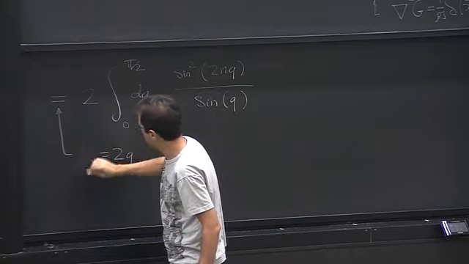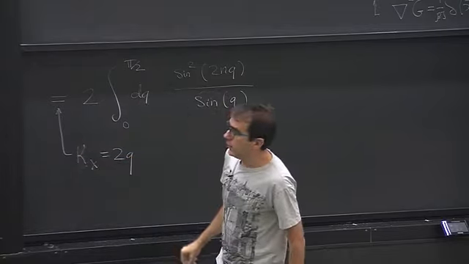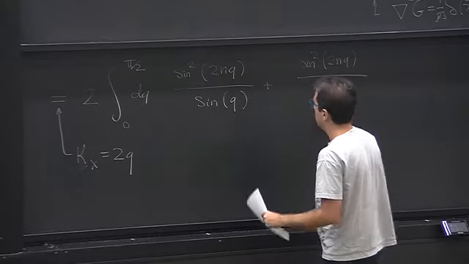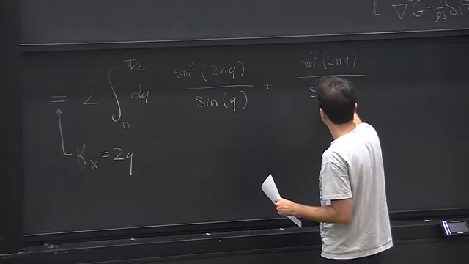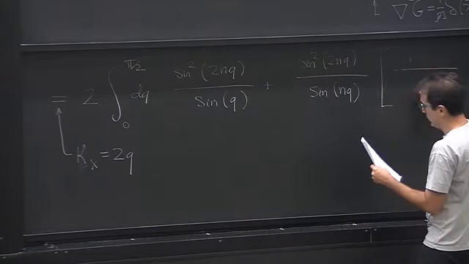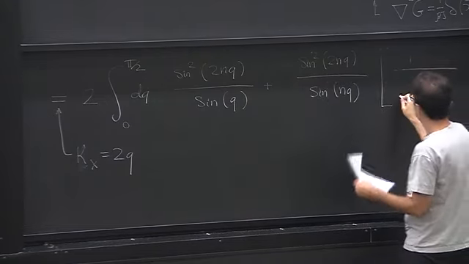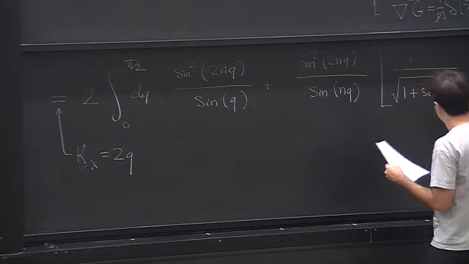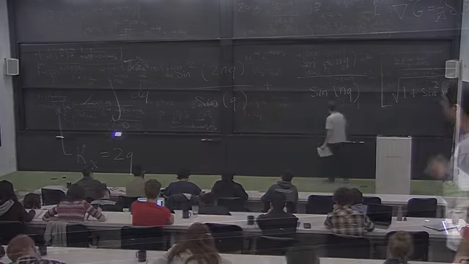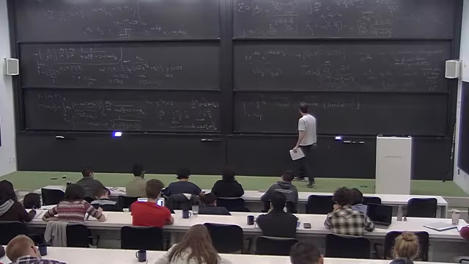Sorry, here I did kx equal 2q. Plus sine square of 2nq divided by sine of nq times 1 over square root of 1 plus sine square of q minus 1. So all I did was I subtract 1 and I add 1.